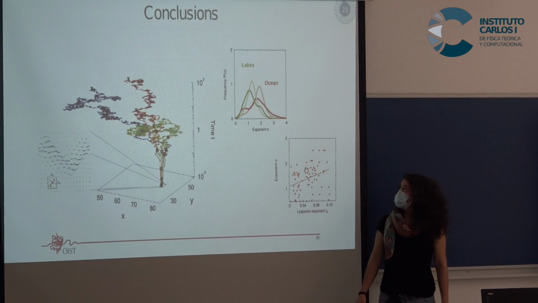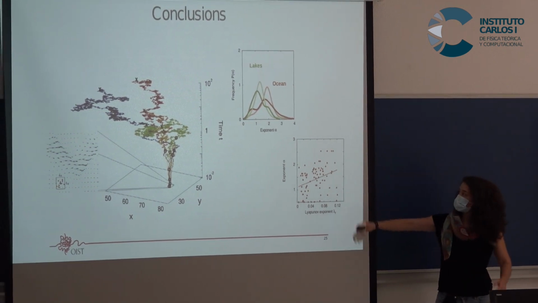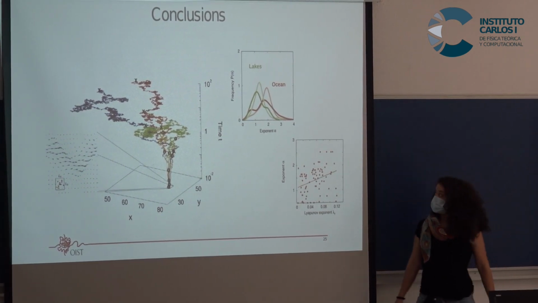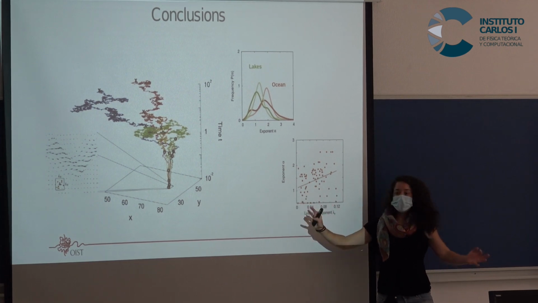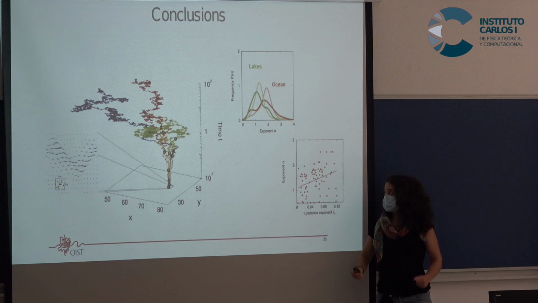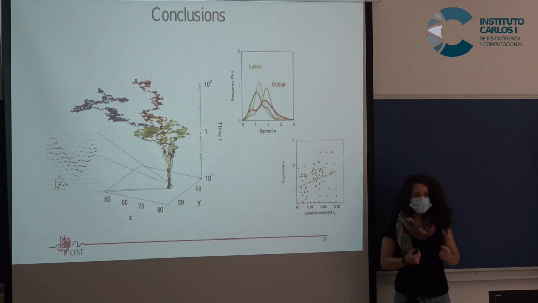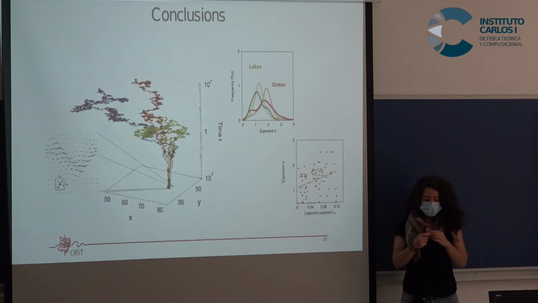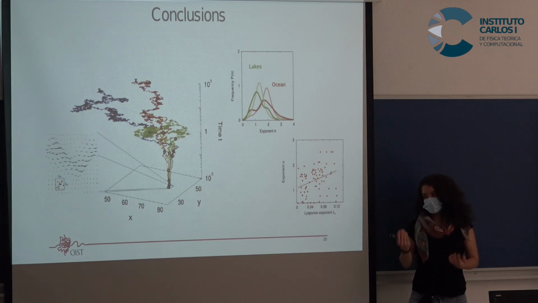So the conclusions can be summed up in these three figures. We first propose a model that is a goal in itself. So basically, we propose a continuous space neutral model backwards in time that is able to reproduce the diversity of huge populations within 3 days of computation.